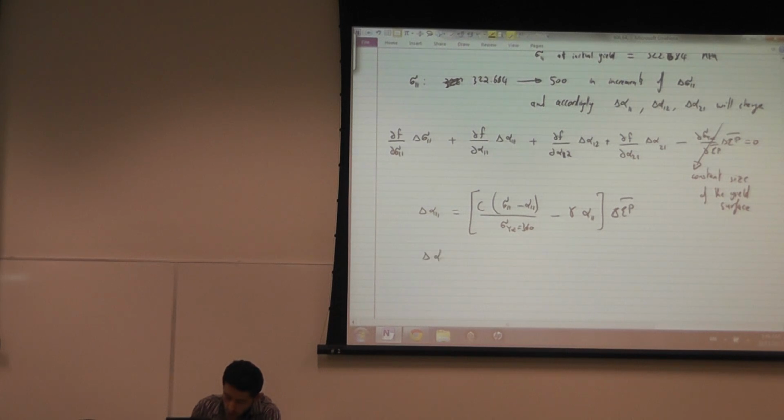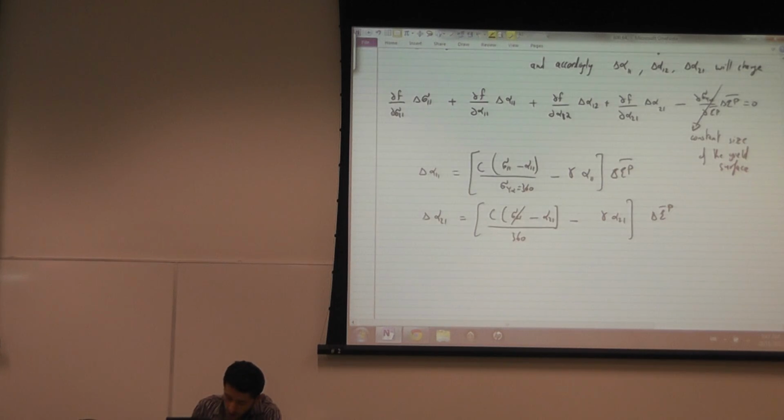Delta alpha 1 is equal to C, sigma 1, which is 0, minus alpha 1, minus gamma alpha 1, divided by 360, delta epsilon p. Delta alpha 2 is equal to C, sigma 2 minus alpha 2. This is 0.